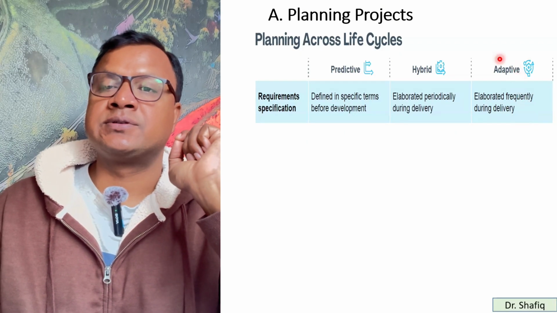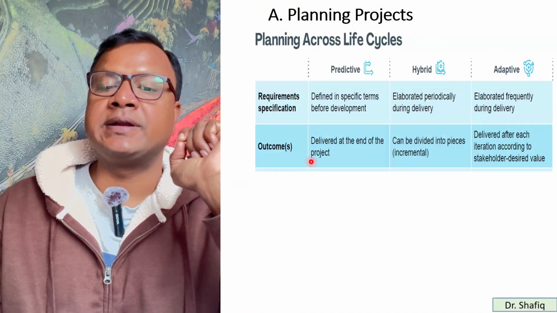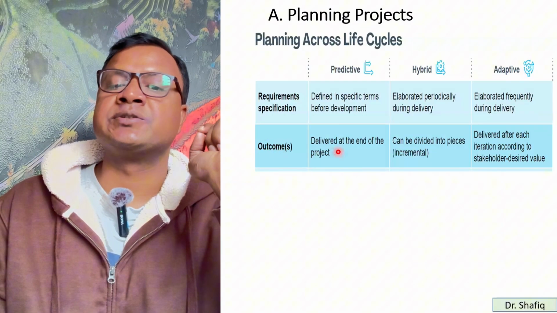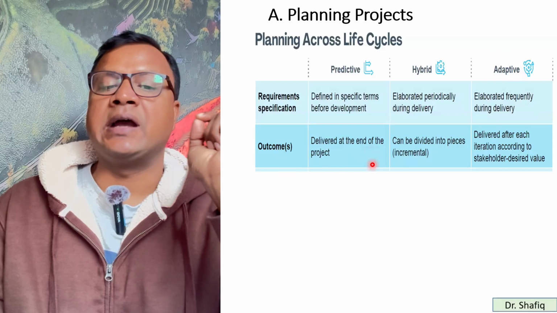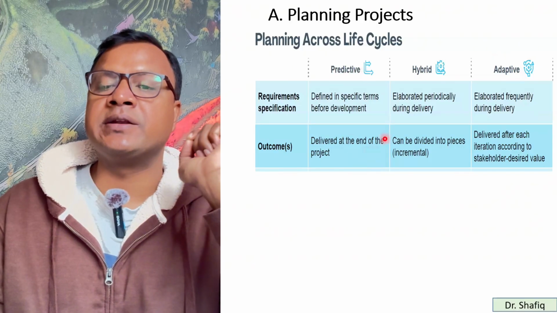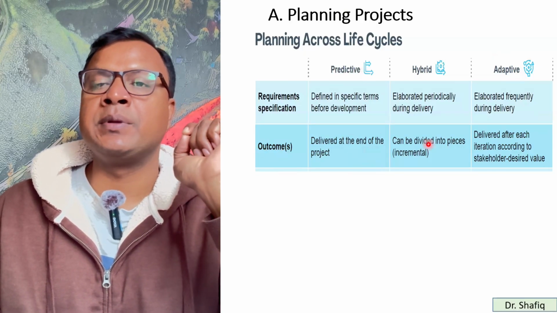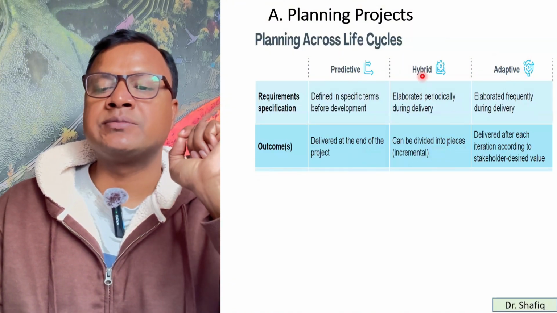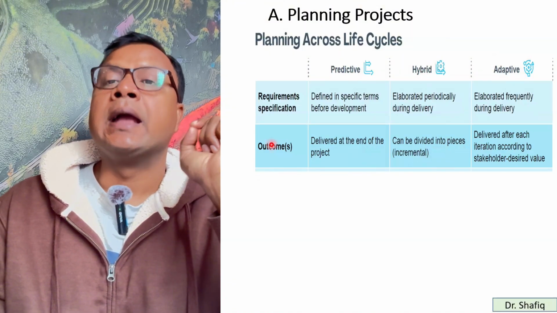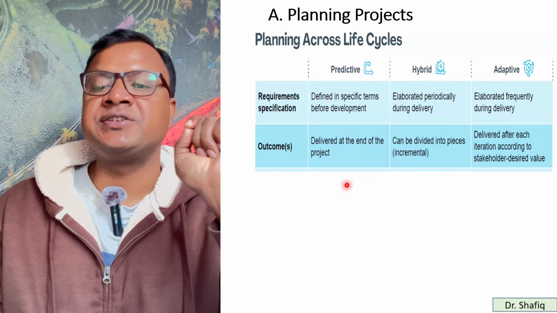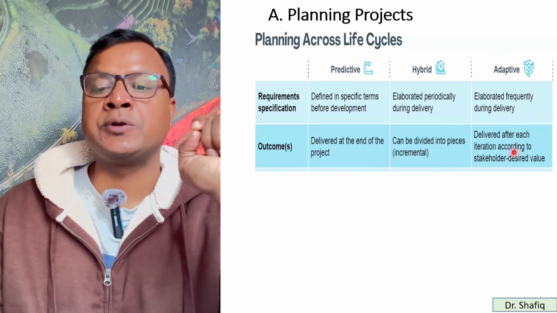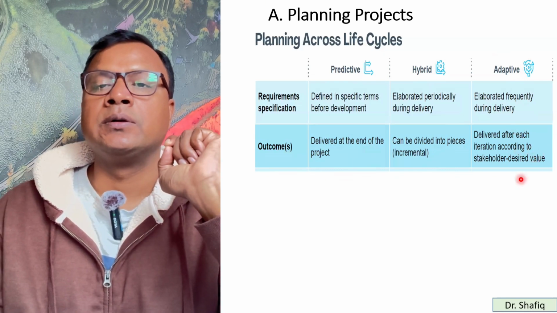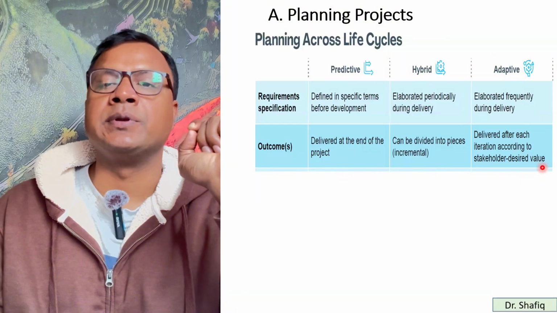If the outcomes of the project can be delivered at the end of the project, that means it's predictive. If the outcomes of the project can be divided into pieces incrementally, then it's called the hybrid approach. If the outcomes of a project can be delivered after each iteration according to the stakeholder desired value, then it's called adaptive.